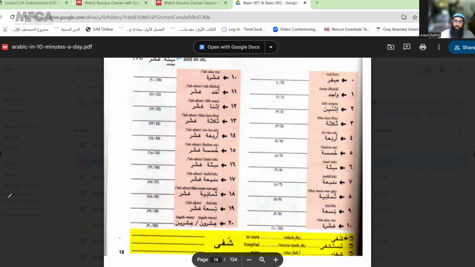The word that comes after these numbers, specifically 1 through 10, is called al-ma'dud. Okay? In literal translation, remember the word for numbers is adad, which means number. If you notice, the same letters are here, but we have a few additional letters.